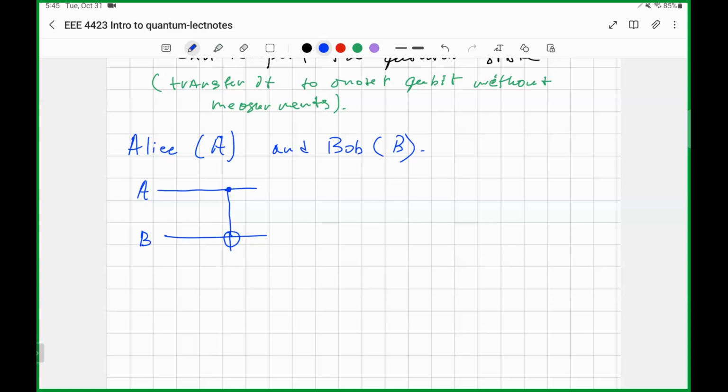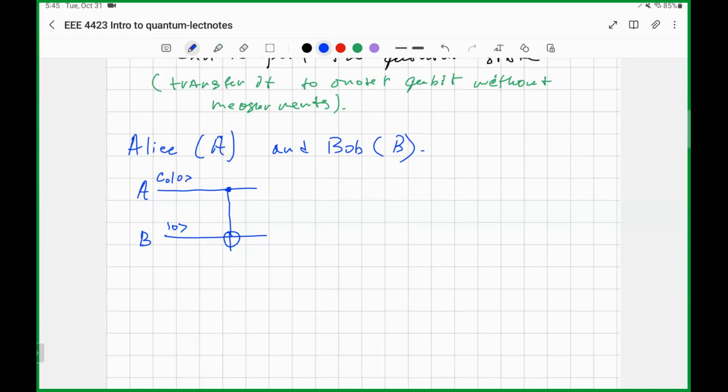We suppose that Bob has his qubit initially in the state 0, and Alice's qubit is in the state that she wants to transfer or teleport to Bob.